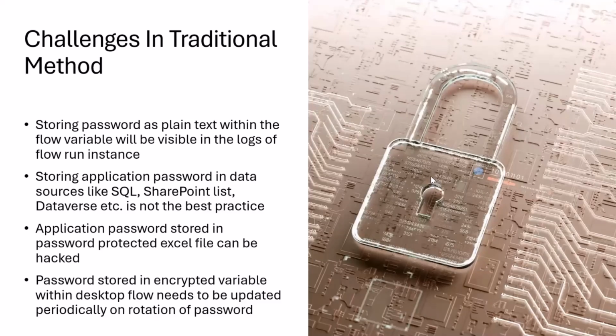Other data sources like SQL, SharePoint list, and Dataverse are not designed to store secrets or passwords. A password stored in a password-protected Excel file can also be easily hacked. And we have an option to store the password in an encrypted variable, but the challenge is we need to manually update that flow in live production when the password of that application is rotated or changed.